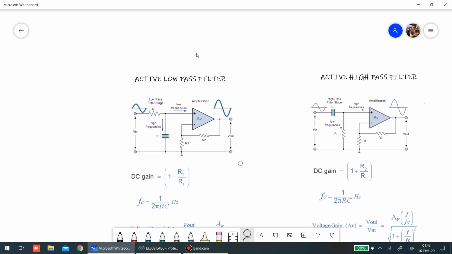So, here is our capacitor, and it will stop DC and it will let the AC pass.